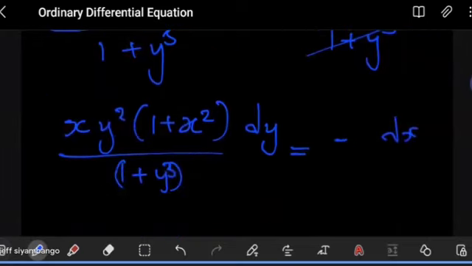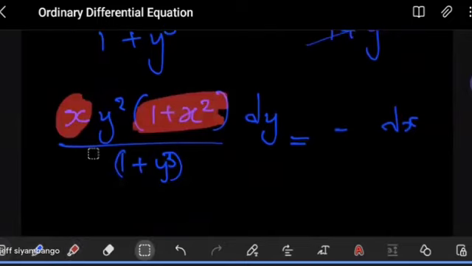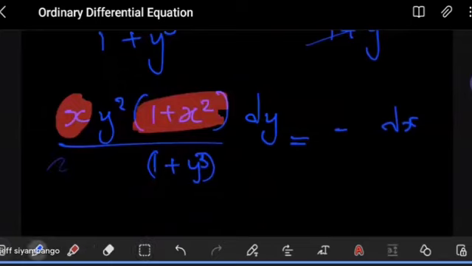Next, I want to get rid of everything with x from the left so that it ends up on the right. What has an x? It's this same x here and this bracket here. I can even combine them if I want, but this y must remain this side. So I can divide both sides by x, 1 plus x squared.